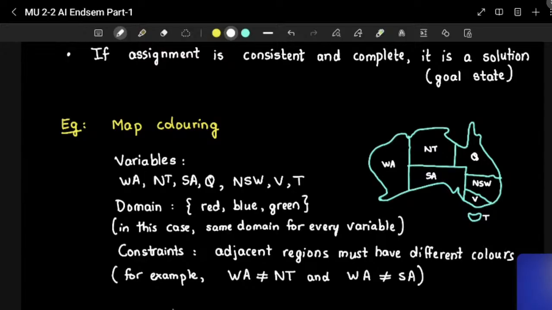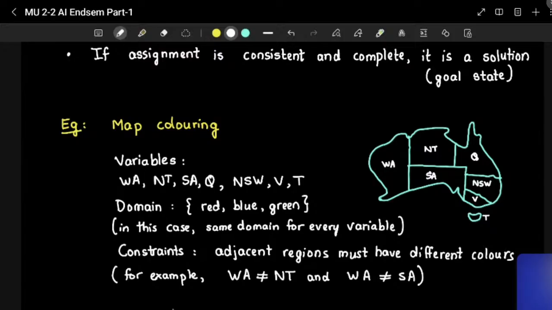But this is not the only constraint. You have to write all possible combinations. So WA not equal to NT, WA not equal to SA. And you don't have to write NT not equal to WA, that is already covered. NT not equal to SA, NT not equal to Q. Like you have to cover all pairs here.